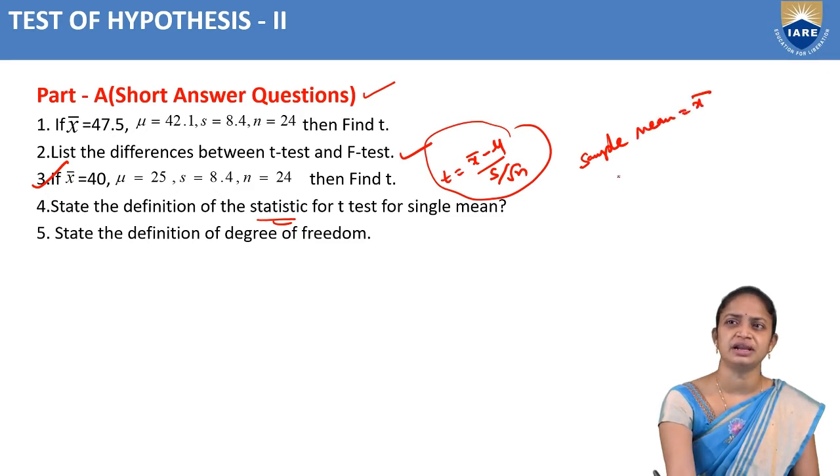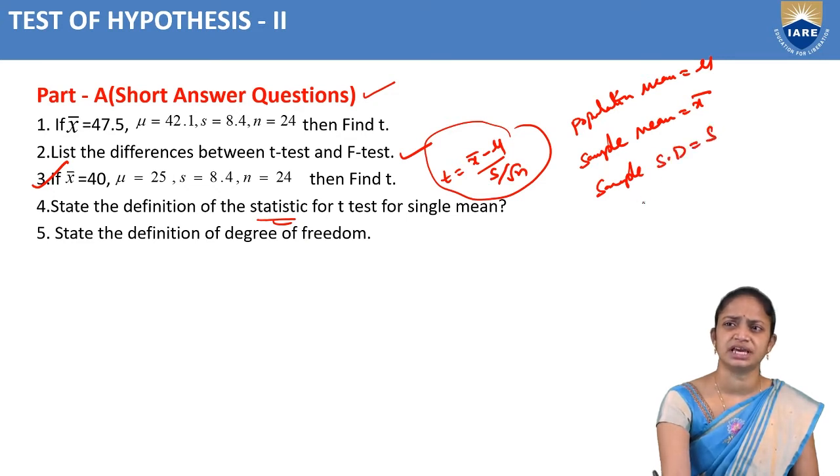Sample mean is x bar, population mean is mu, sample standard deviation is s, and sample size is n.